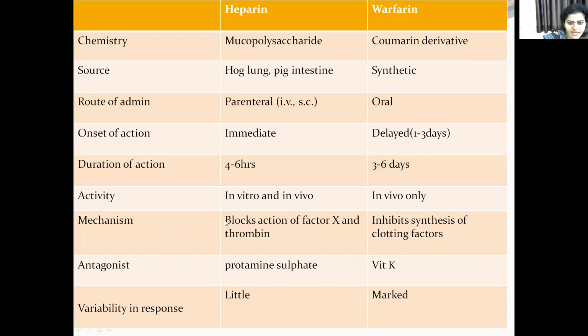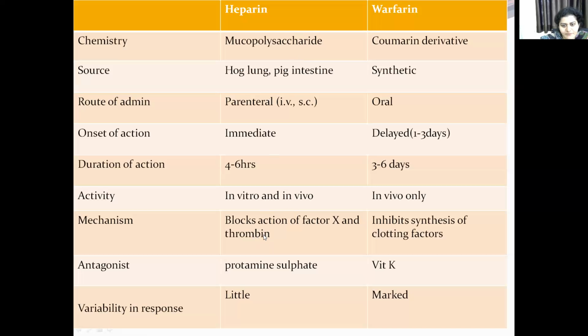Do remember, mechanism is very important, don't get confused. Heparin, that is a parenteral anticoagulant, blocks the action of factor 10 and thrombin. But the more inhibitory action is towards thrombin compared to factor 10 in case of heparin, whereas low molecular weight heparin blocks mostly the factor 10.